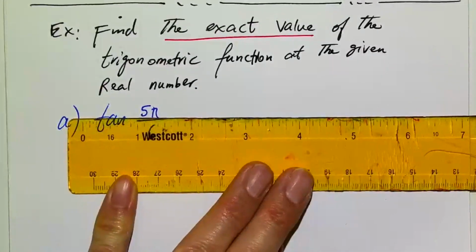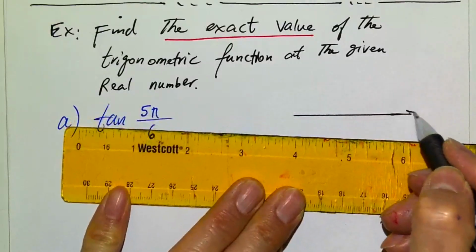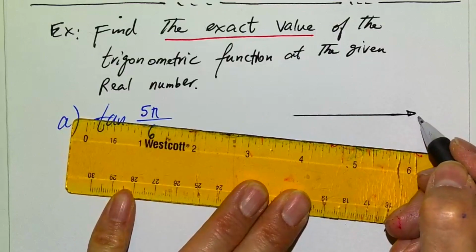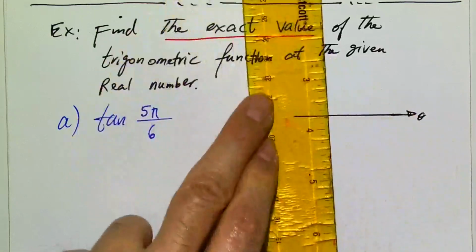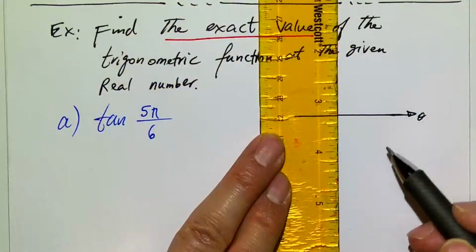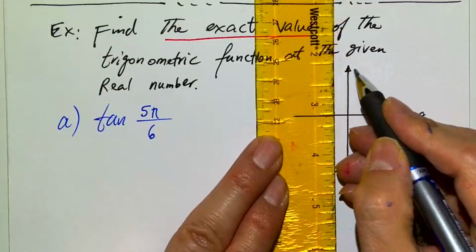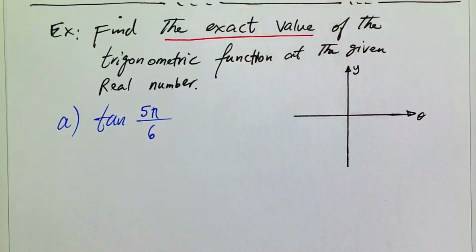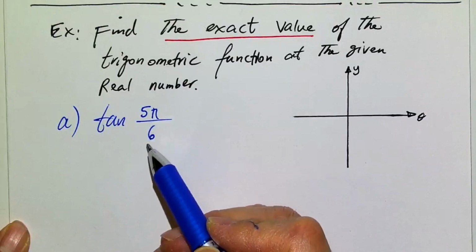So let me draw a little graph here before answering this. Let's call this theta, it could be x, and then the y-axis here. This is our function, and here the function is tangent of 5 pi over 6.